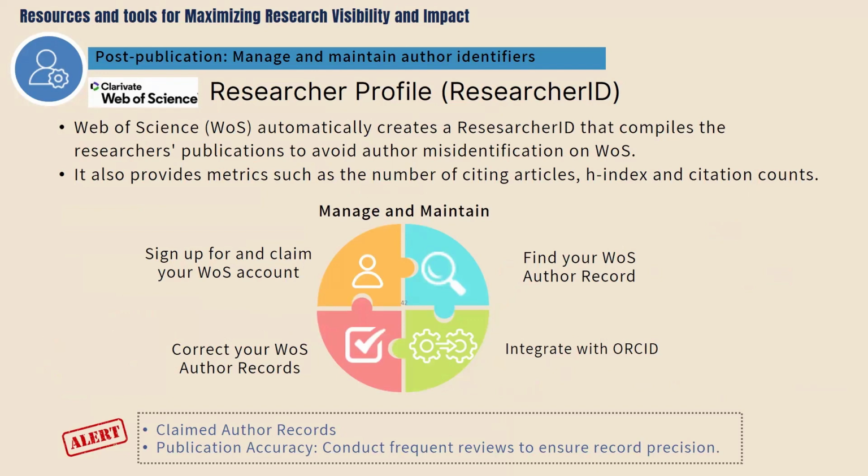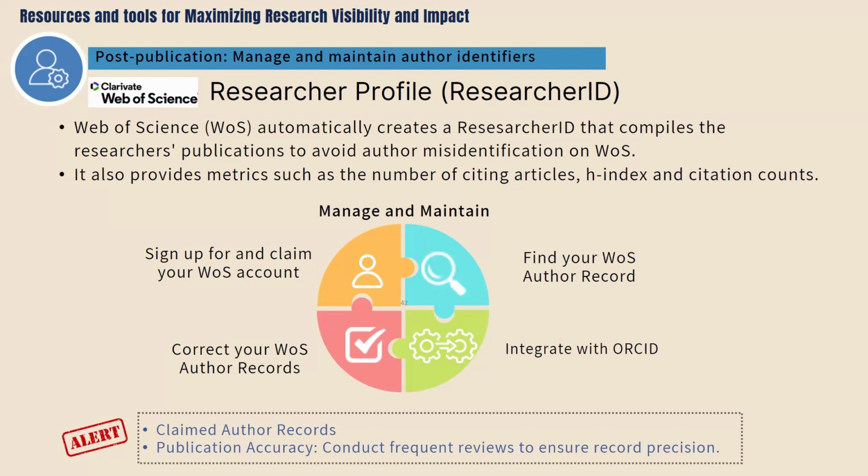Web of Science automatically generates a ResearcherID for researchers, aggregating their publications to prevent author misidentification within the Web of Science database. It also displays author metrics such as the number of citing articles, H-index, and citation count. To effectively manage and maintain your ResearcherID, the following steps are necessary.